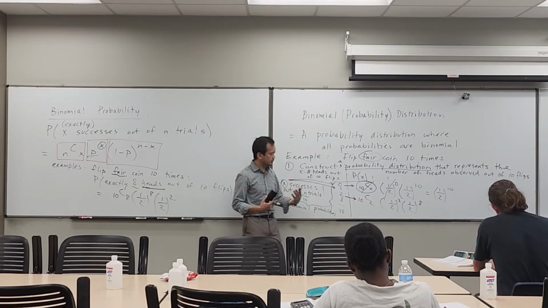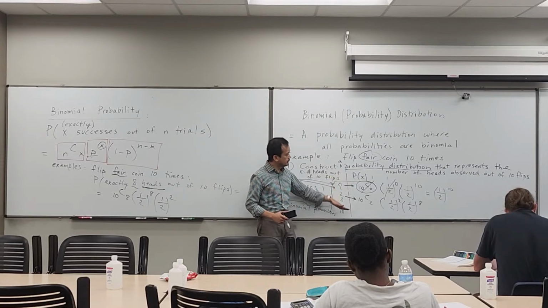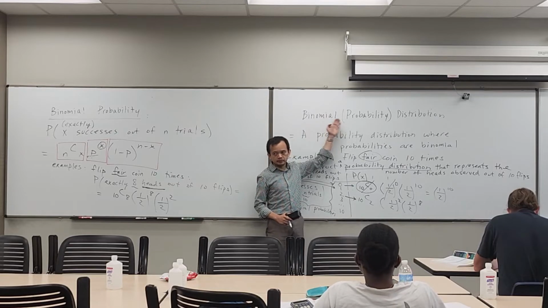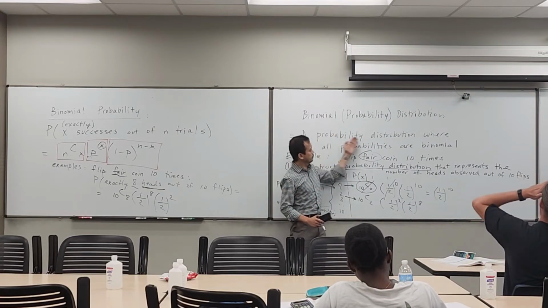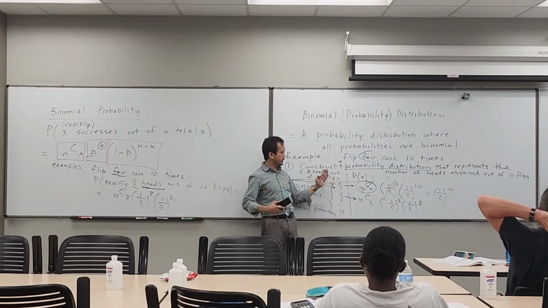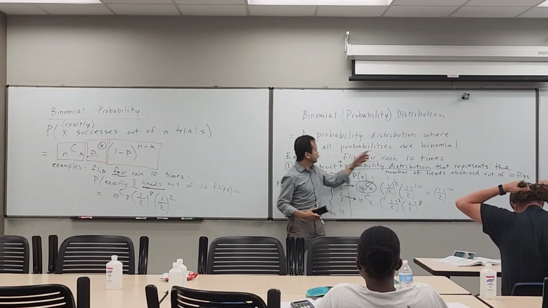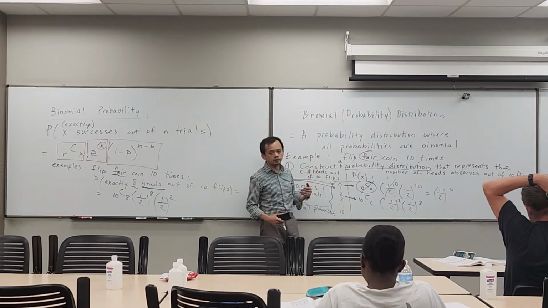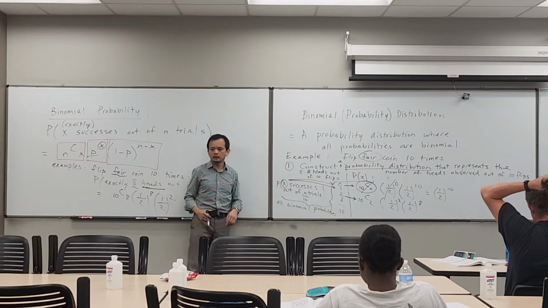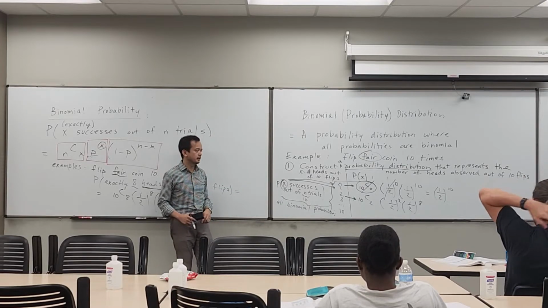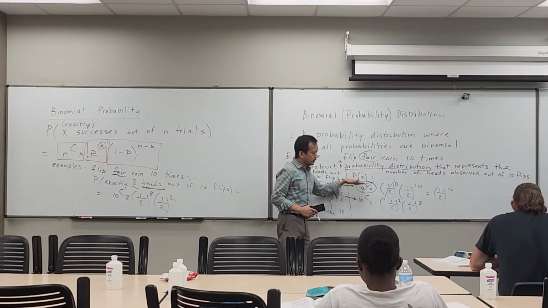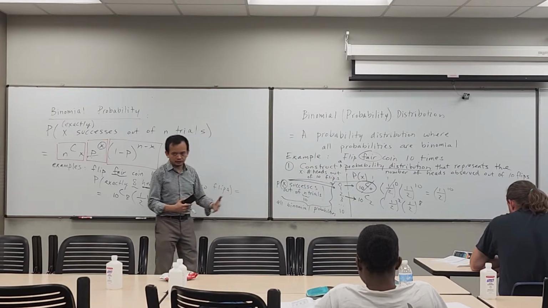So because that's the case, we call this probability distribution a binomial probability distribution. So a binomial probability distribution is when a probability distribution represented with 2 columns, x, p of x, where all probabilities are binomial probabilities, calculated using this formula. Any questions?